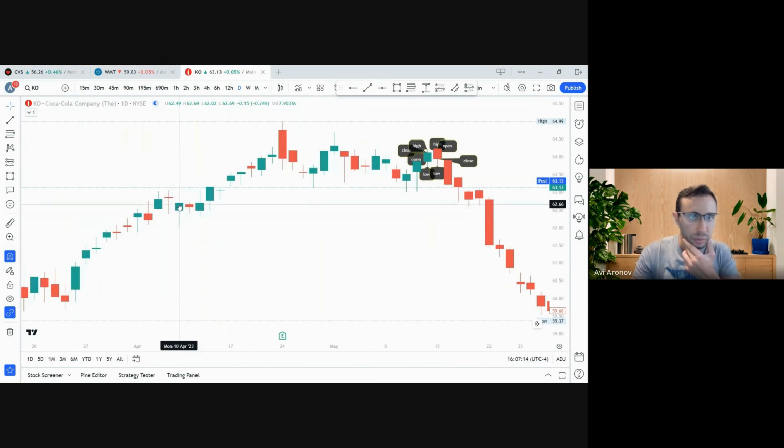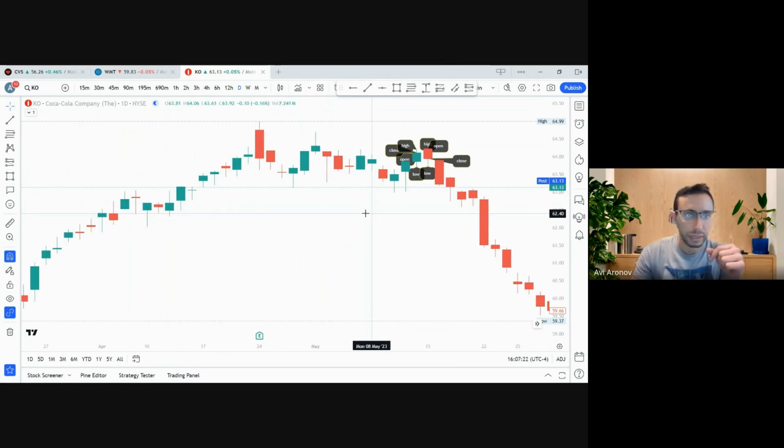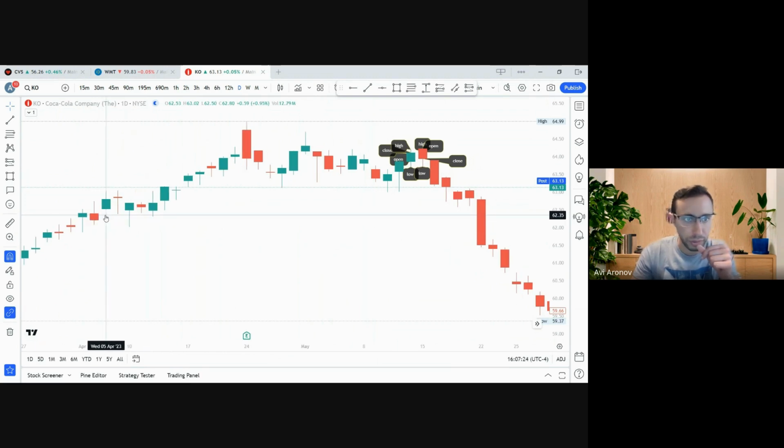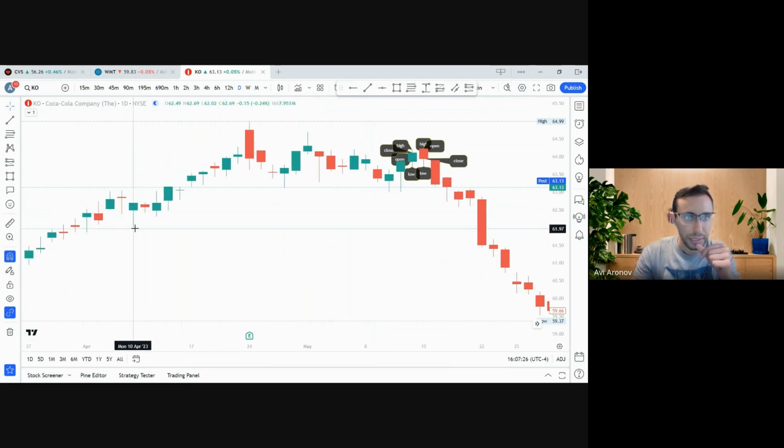So this one, you see, it's bullish. It was green, and in this case went higher. So basically how you look at that, it came all the way down here, and then it went up and closed at the top.